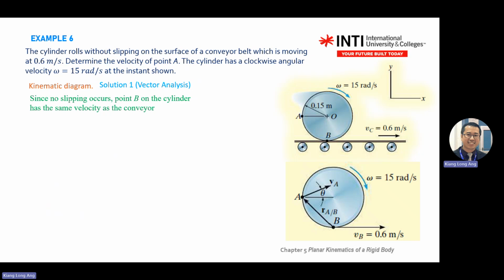This one moves here, you transfer this speed to here. So VB equal to 0.6. A, you know the position and the relative distance A from B, with the arrowhead pointing here, and VA is in this direction with the theta.